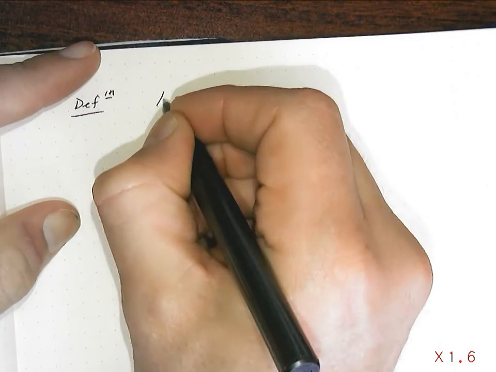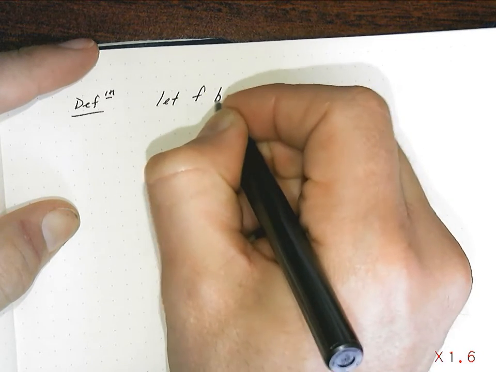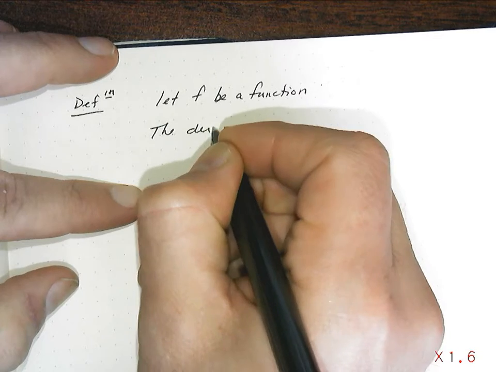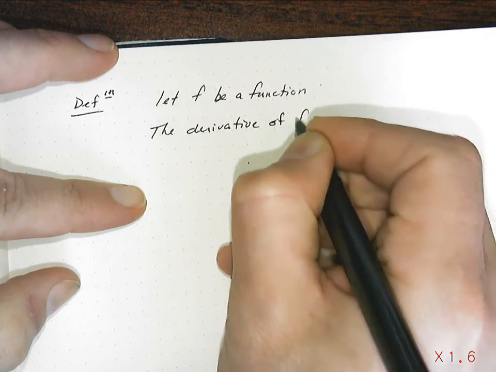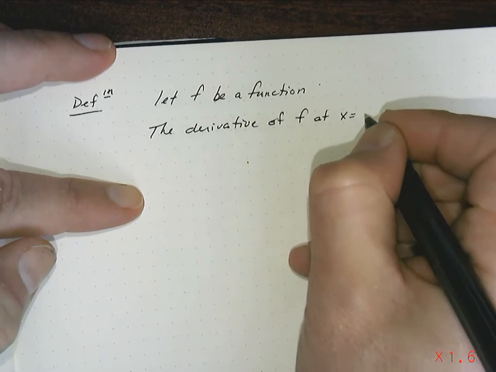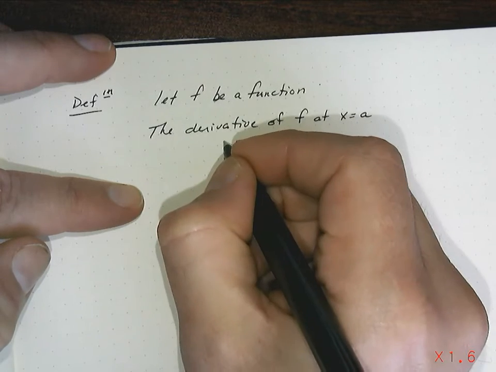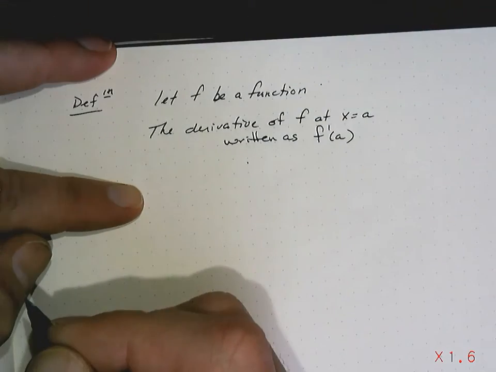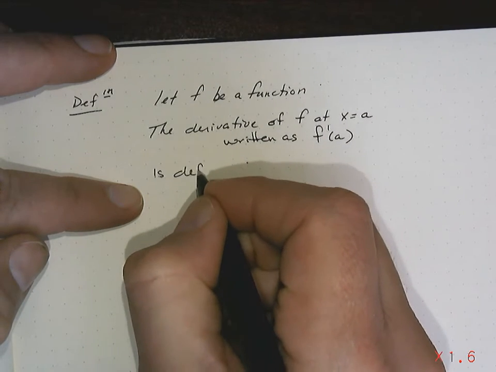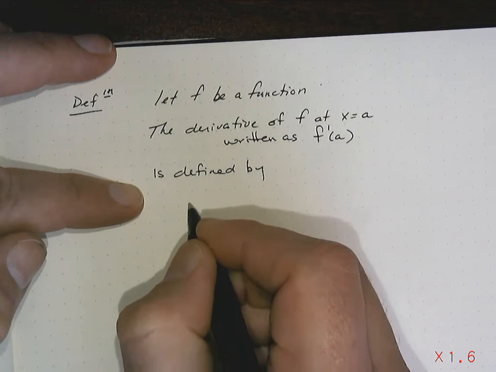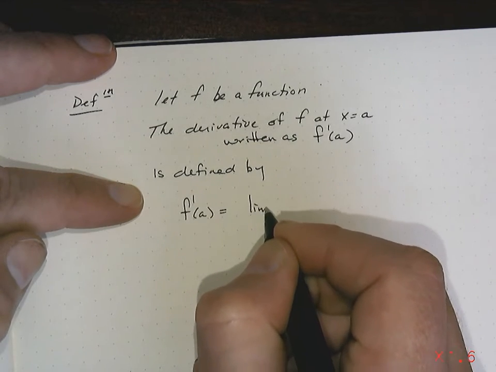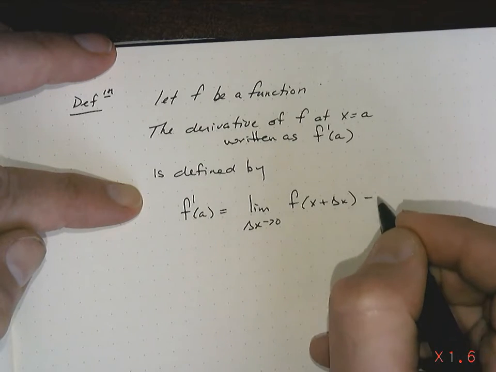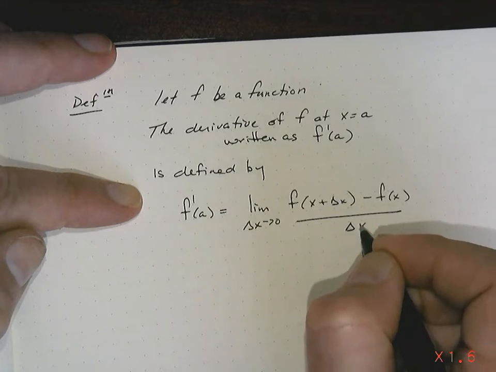Let f be a function. The derivative of f at x equals a, denoted as, or written as, f prime of a, is defined by f prime of a equals the limit as delta x approaches 0 of f of x plus delta x minus f of x over top of delta x.